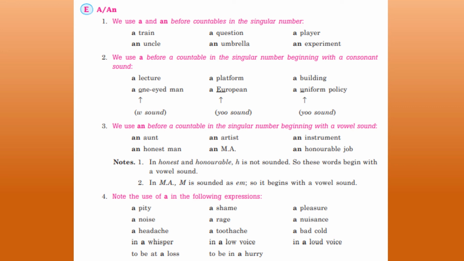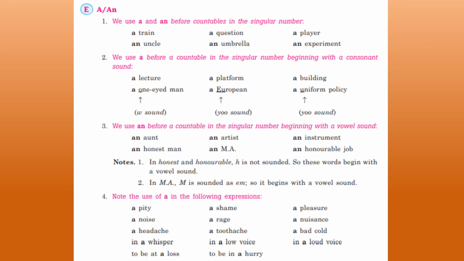So W is a consonant. So wherever there is a consonant sound, there we have to use a. Similarly, a European, the sound is Y-O-O, European. A uniform, again the Y sound is there. So that is why we are using a, not an.